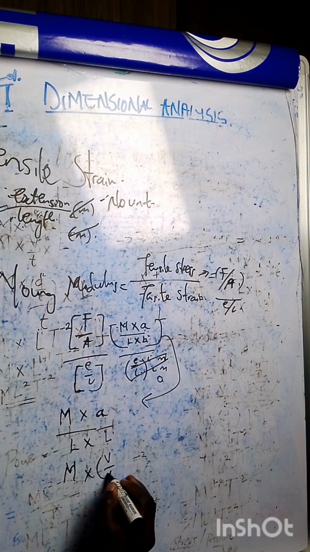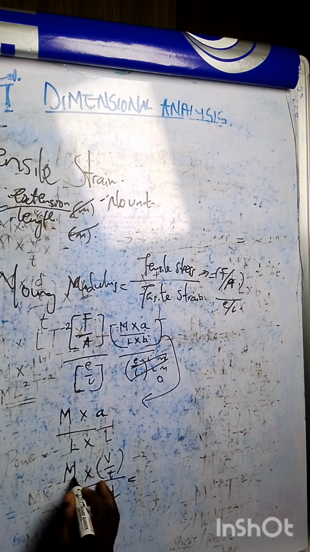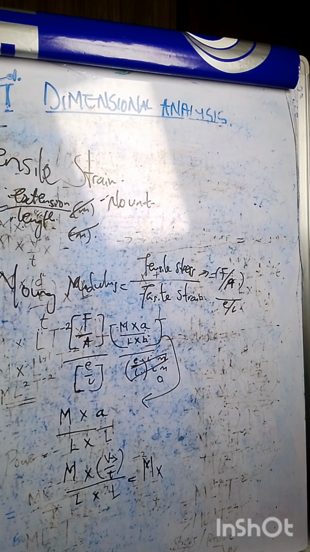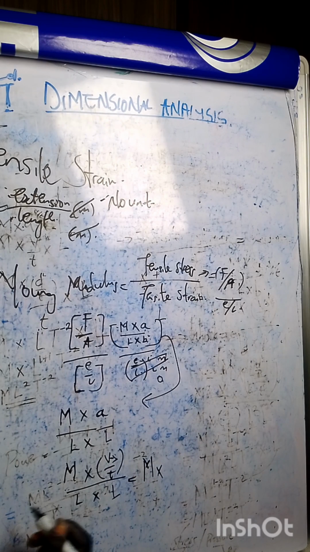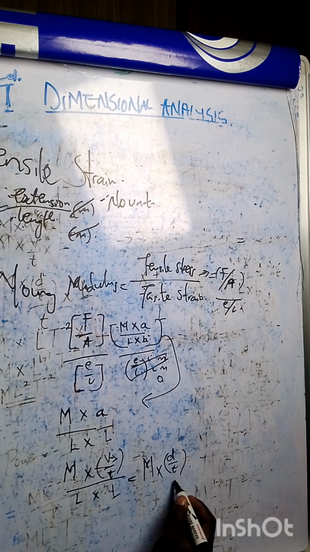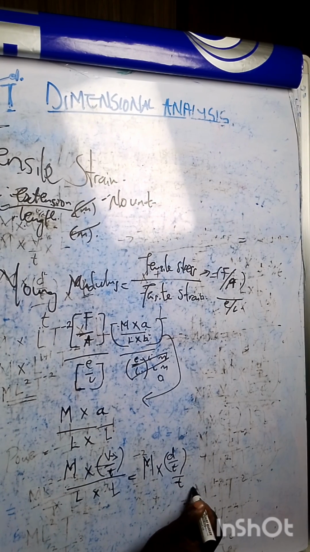Velocity over time. Then we have length multiplied by length, then mass multiplied by v, which can be further resolved to rate of change of displacement with time, then divided by, don't forget your time please. We've done this before, I'm still doing it again. Then divided by your L of L.